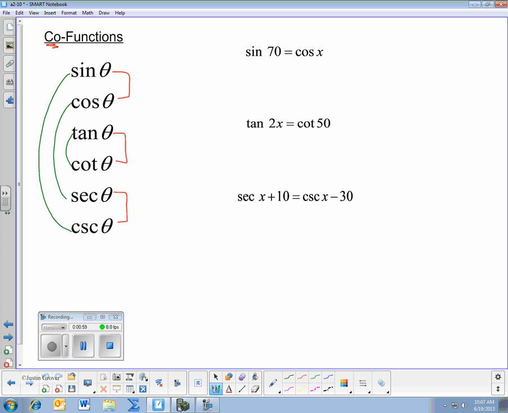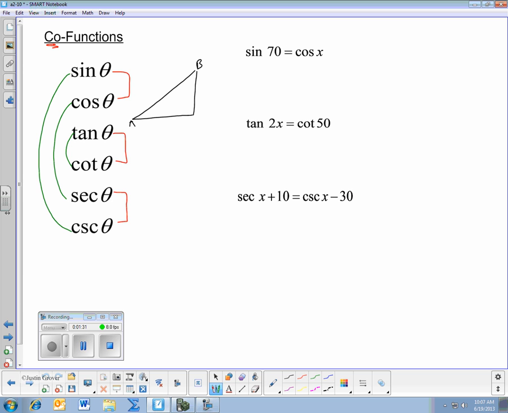Basically, because sine and cosine are cofunctions, it has to do with a little triangle. I'll just explain real quick. Say we have a right triangle, and this is angle A and this is angle B. Let's draw a 30-60.